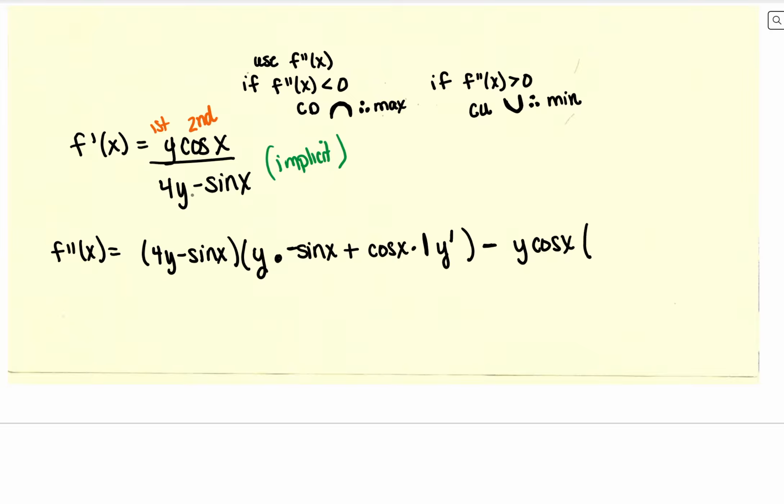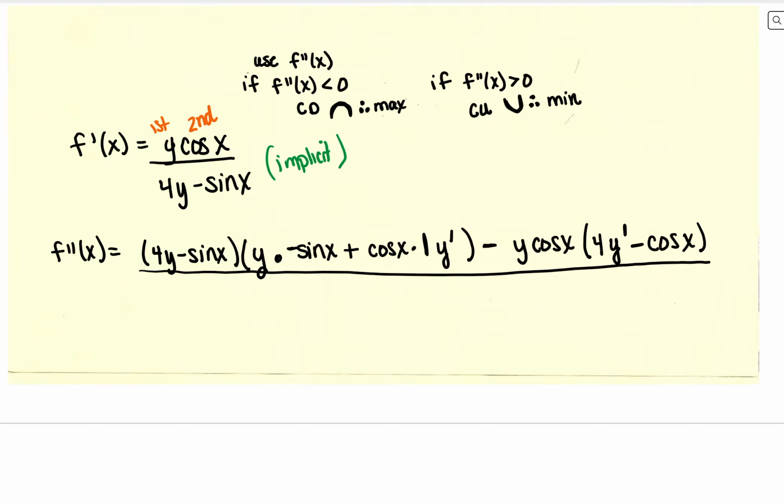If I take the derivative of 4y, that's just 4, but I took the derivative of a y term, so I need to put the y prime. And then I'm going to take the derivative of negative sine x, which is negative cosine x, all over the denominator, which is 4y minus sine x quantity squared.